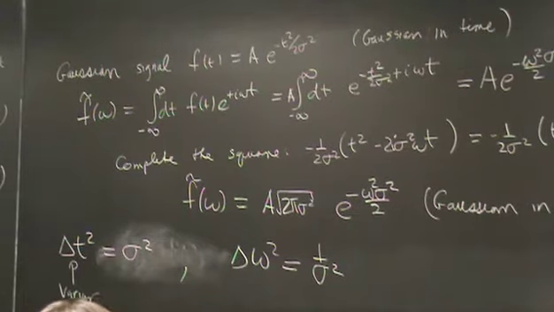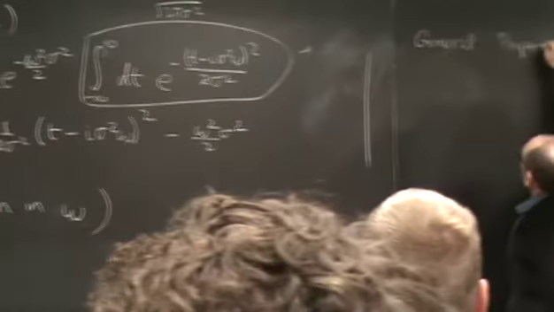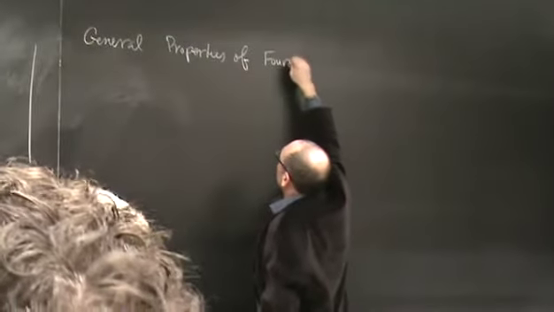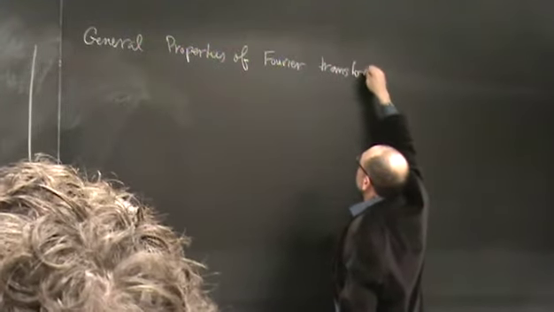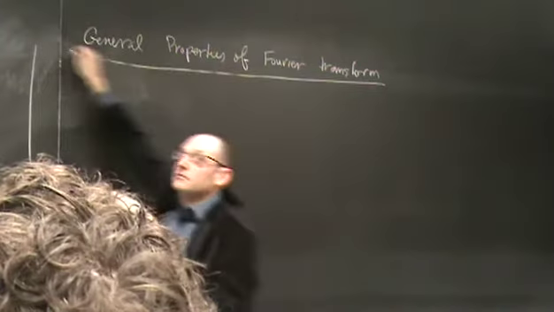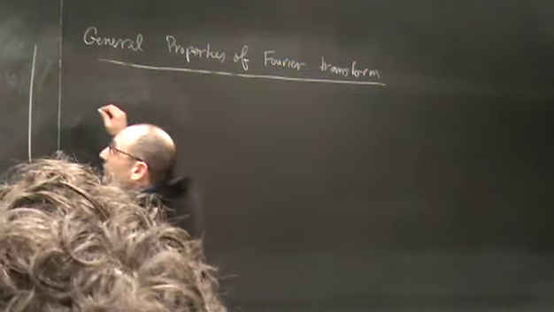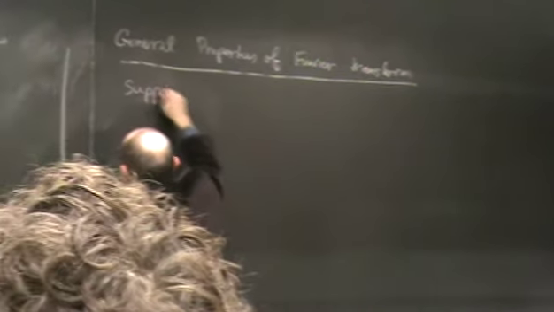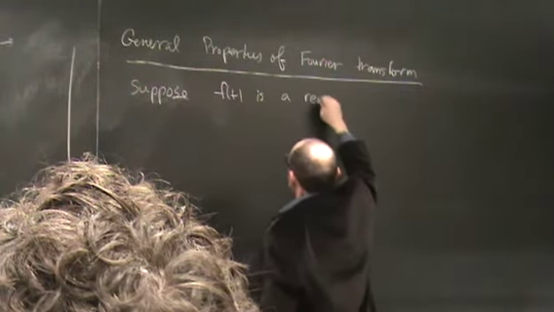So let me state a few general properties of the Fourier transform. Let's see. So, first property. Let's suppose f of t is a real function.